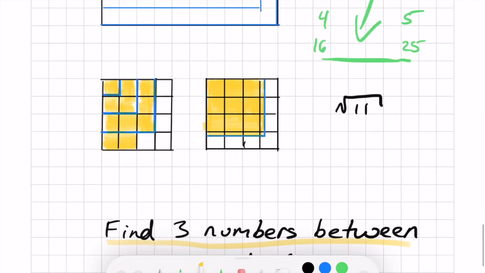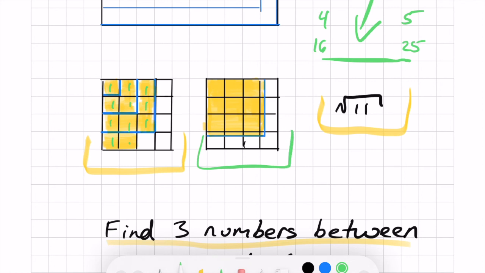Again, like if I was going to look at the square root of 11, I can draw it out this way, right? It has 1, 2, 3, 4. Let me use a different color. 1, 2, 3, 4, 5, 6, 7, 8, 9, 10, 11 squares, right? But they're not even. So if you look at this representation over here, it shows that it's in between.